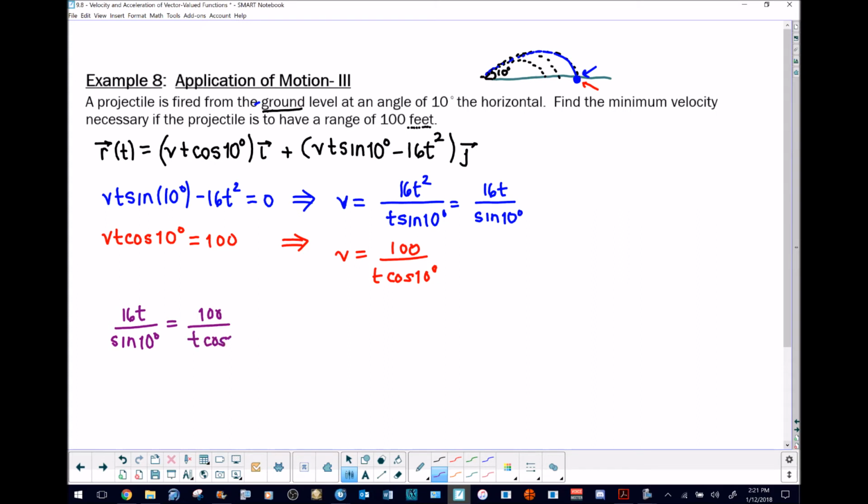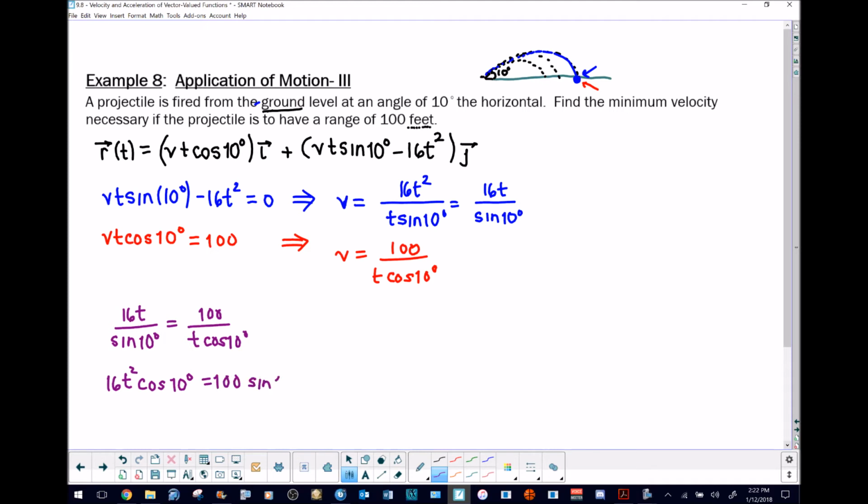Now we see that we could very likely cross multiply here to obtain 16t squared times the cosine of 10 degrees. And that would be equivalent, of course, to 100 sine of 10 degrees.